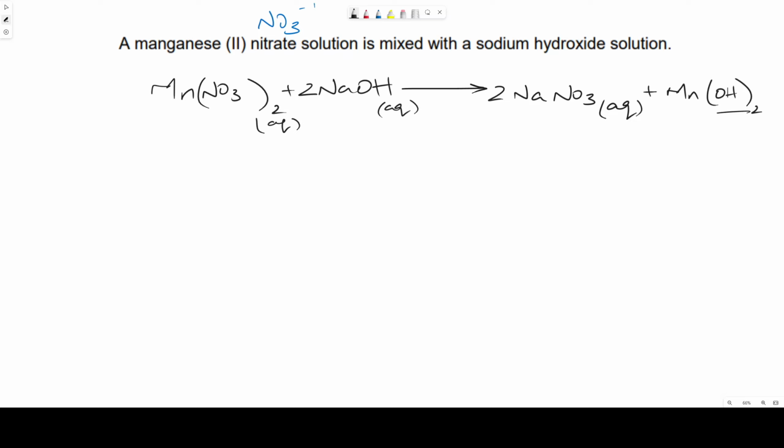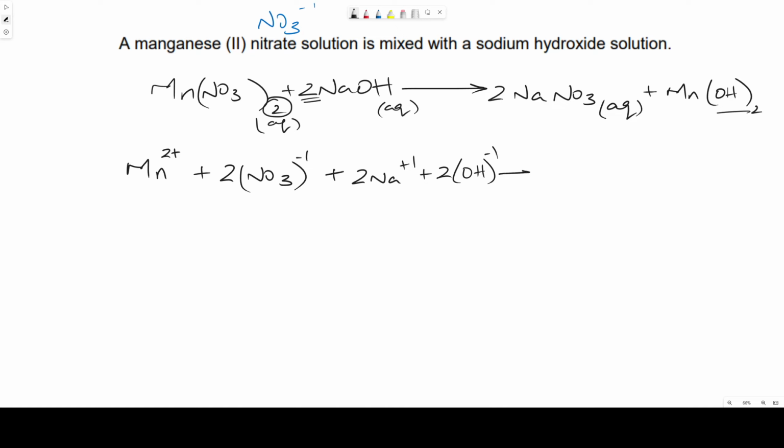For the ionic equation, because I know it's manganese 2, it's Mn2+. It is in the aqueous form, so you can keep writing down the states they're in. Nitrate has a charge of -1, and because there's a 2 over here, that means there are two nitrates on the left-hand side, so 2NO3-, also aqueous, plus, because there's a 2 in front of the NaOH, that means there are 2 Na+ and 2 OH-.